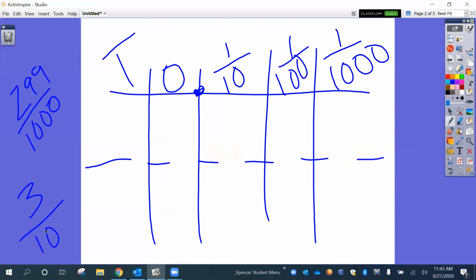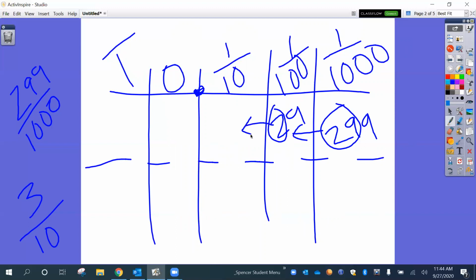Ooh, so now we're going to have thousandths compared to tenths. All right, well, let's give it a shot. If we put 299 thousandths in here, we know that we have to regroup those and shift these over to the left. But we can see that it's 299 thousandths.